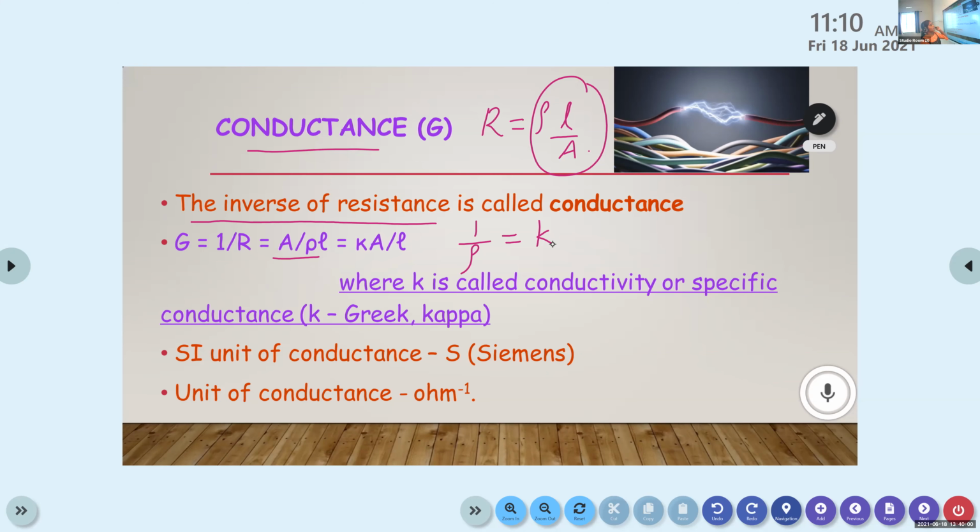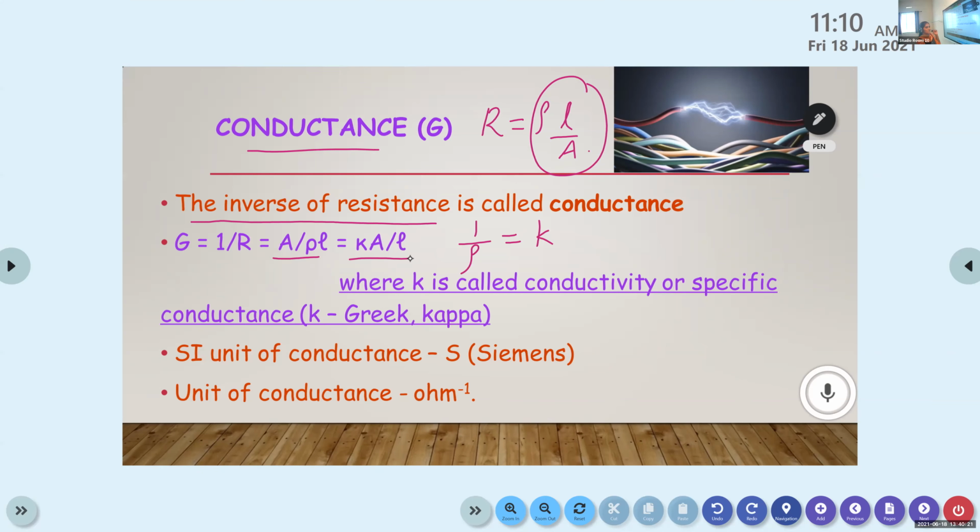We can rearrange this equation: G is equal to 1 by R, which is equal to A by rho L. Instead of 1 by rho, we can write K, so the equation becomes G equal to K A by L. K is called conductivity or specific conductance.